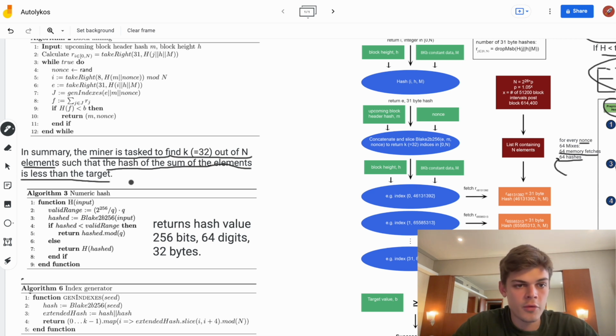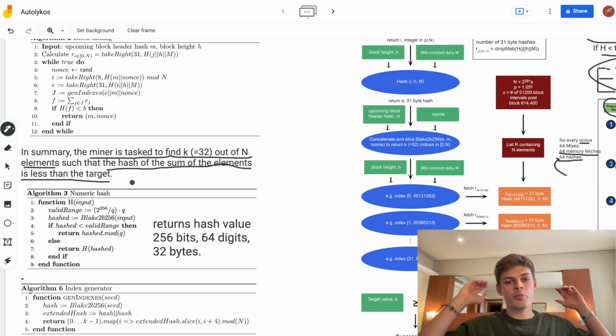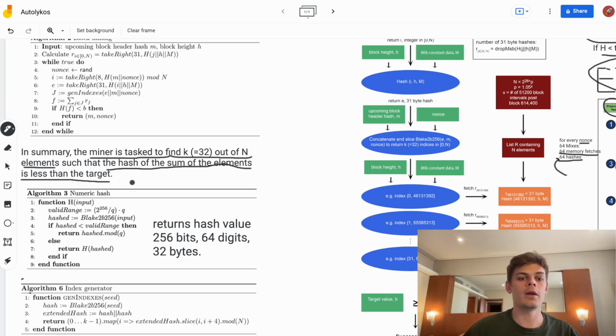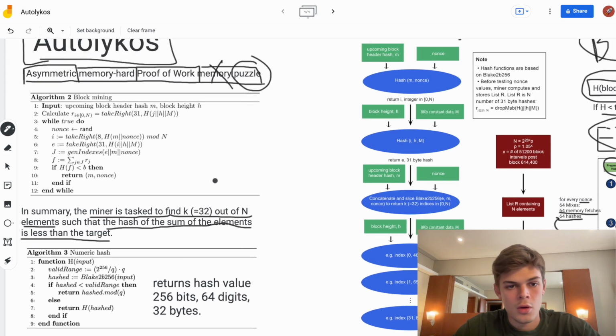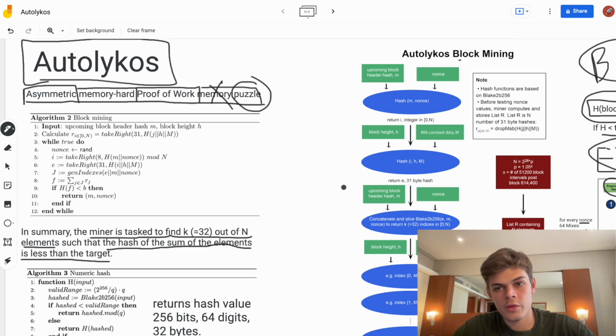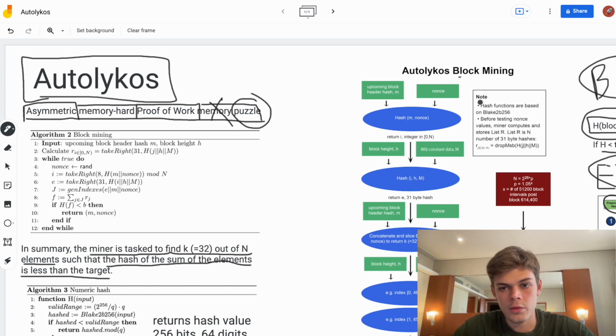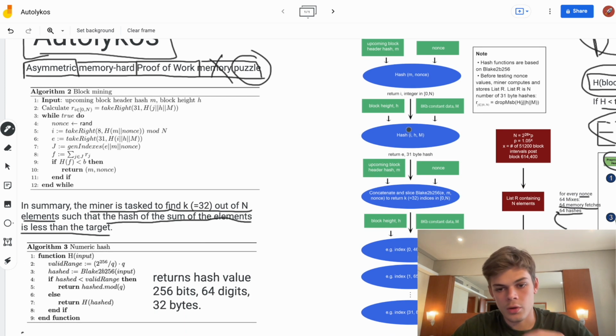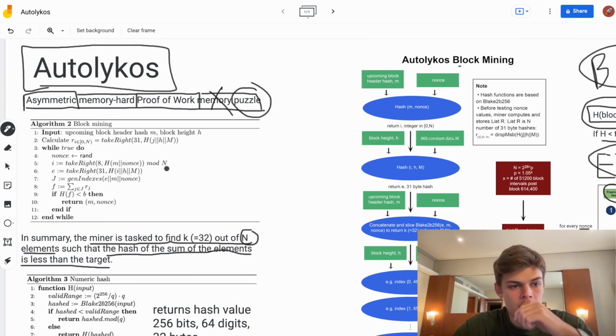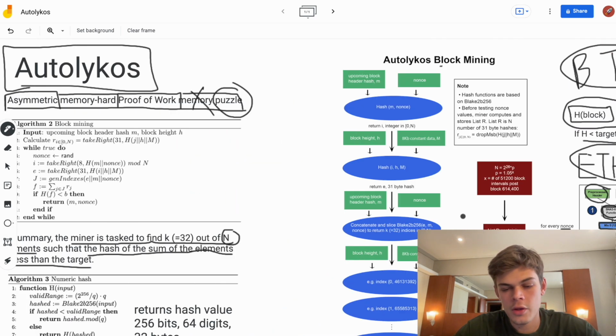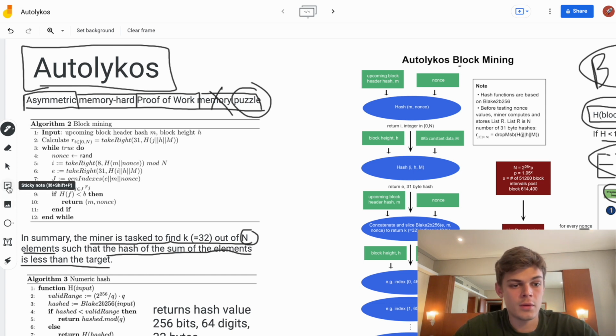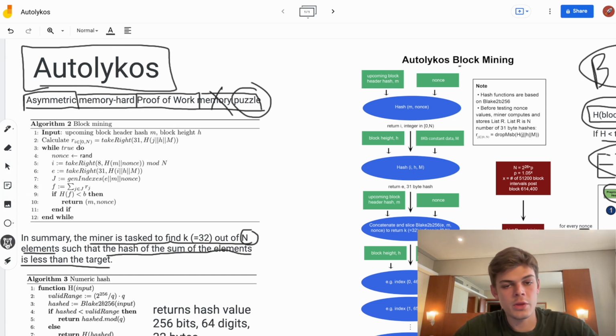This might be confusing at first, but what I'm going to try and do is break down Autolykos line by line and involve some of the stuff from the white paper as well as a graphic that I created to explain Autolykos. Cool. So let's start off with n. What is n? n is very important to understand because just like we have a DAG in Ethereum, we have a data set being stored by the GPU in Autolykos, right?